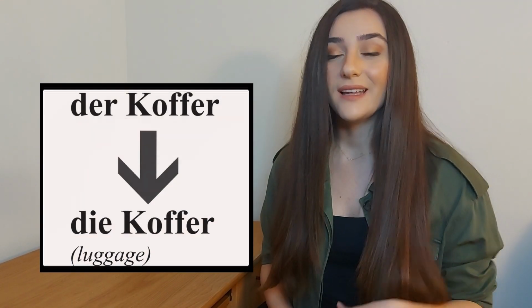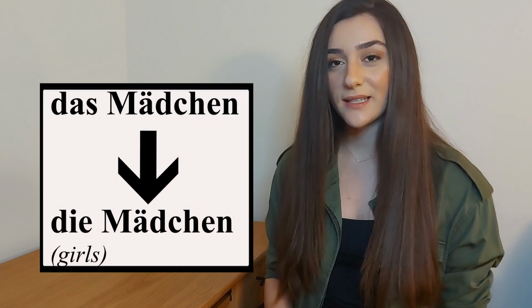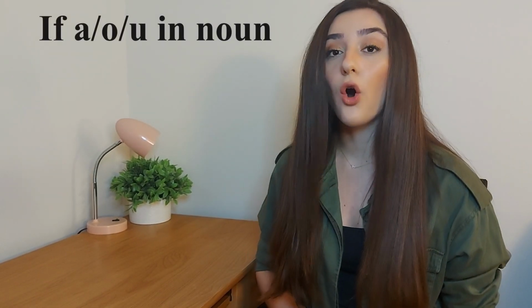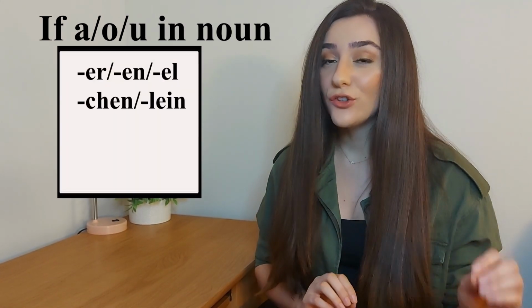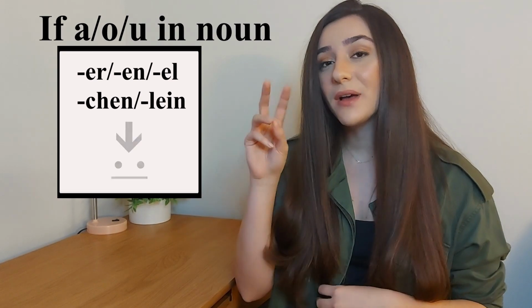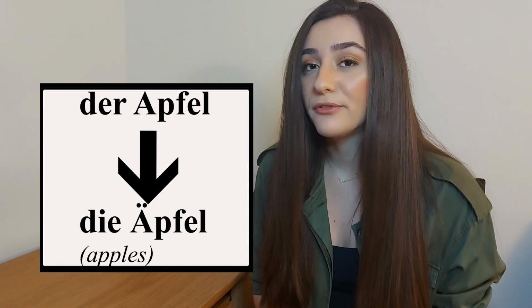For example, der Koffer, die Koffer, das Mädchen, die Mädchen. However, sometimes, but not always, if you see the vowels a, o, and u in the noun, then you might have to add some umlaut over them. Like in der Apfel, but die Äpfel.